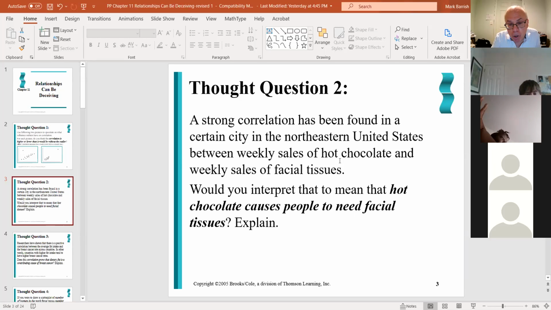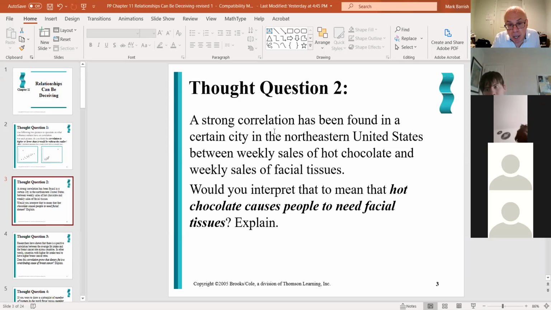So a strong correlation does not imply one variable is causing the other. It could be that one variable causes the other, but in this case, it seems silly, right? That hot chocolate causes people to need facial tissues, unless people use the facial tissues to wipe the hot chocolate off their face. Doesn't make sense, but you see the point? Here's the idea.